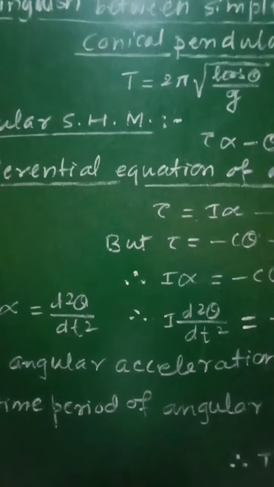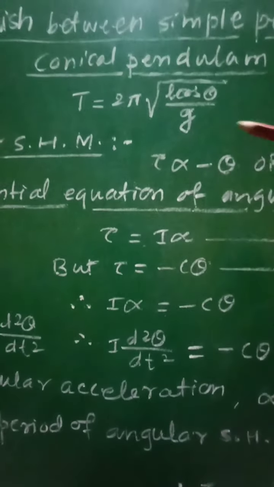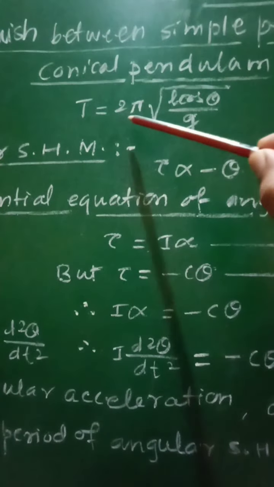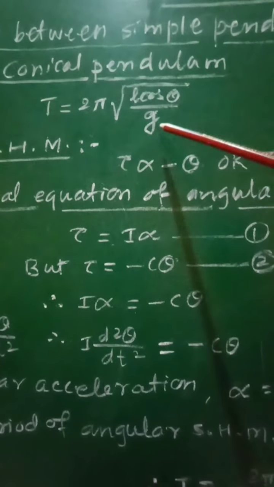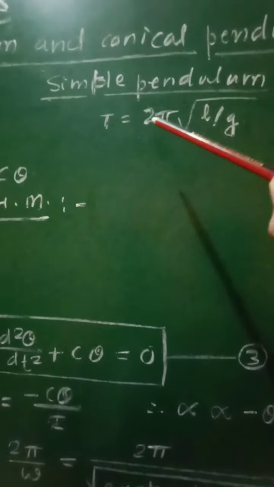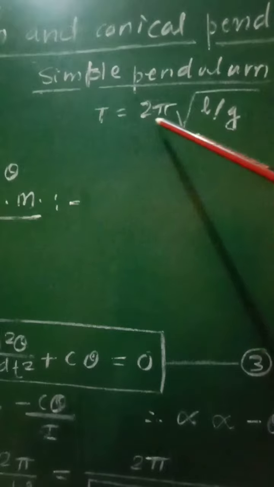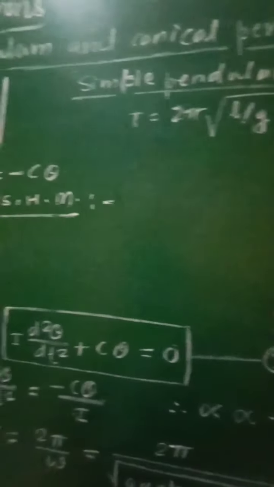Fourth point, in case of conical pendulum, the period is given as T equal to 2 pi square root of L cos theta upon g, while in case of simple pendulum, the period is given by the formula T equal to 2 pi square root of L by g.